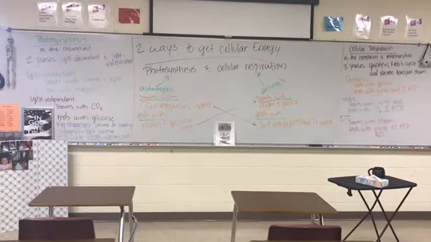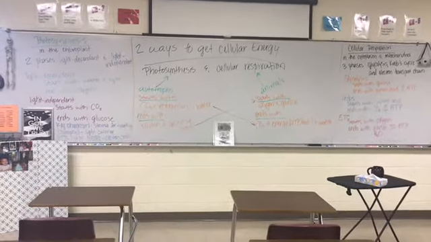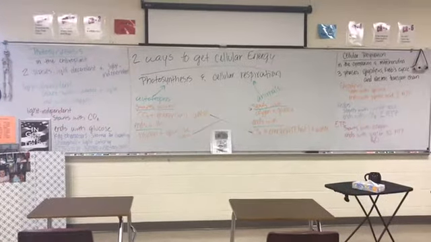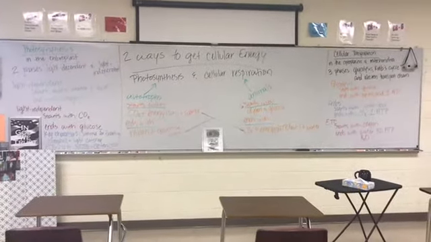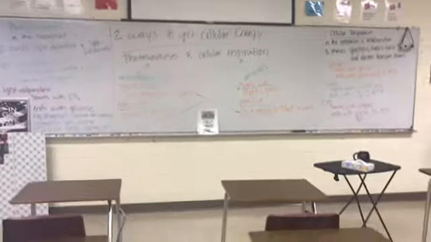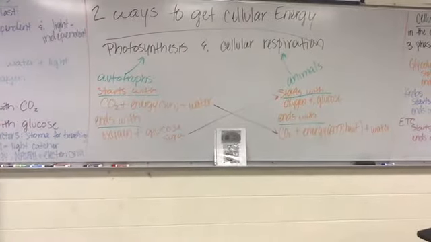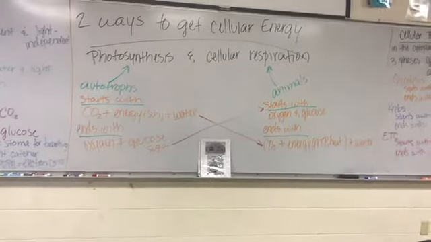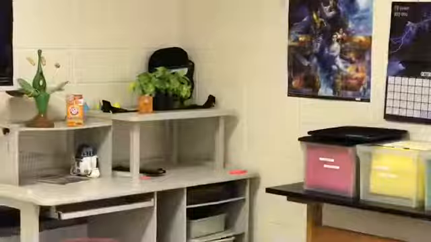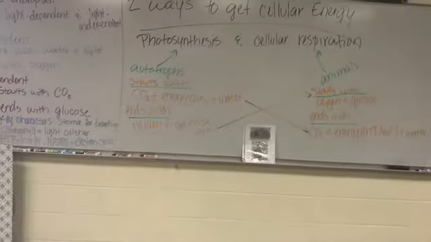Two ways to get cellular energy: photosynthesis and cellular respiration. If you are a living thing and you eat, you have to do one or the other. Photosynthesis is done by autotrophs, such as plants, like Haroldine over there, Frank over by the windowsill, Gertrude, all the classics.